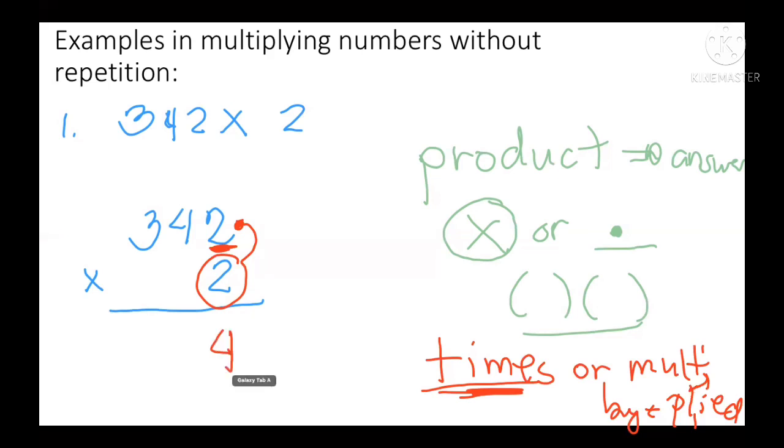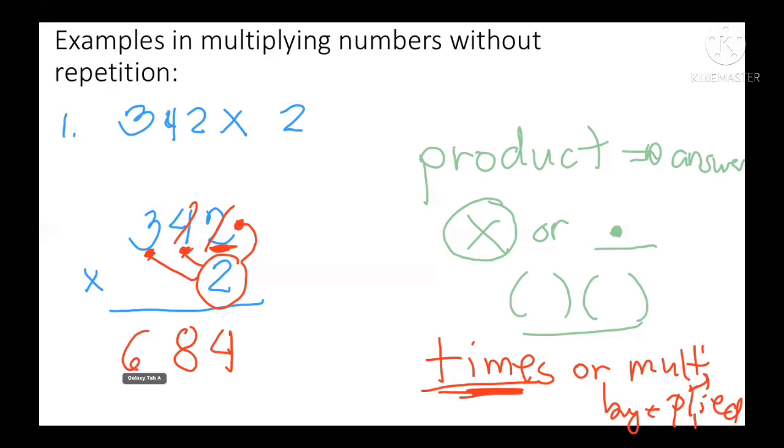So after finishing the ones place, then you need to move to the tens place. So what is 2 times 4? 2 times 4 is 8. Correct? And then after multiplying the number on the tens place, you will now move to the hundreds place, or the last number. So what will be 2 times 3? 2 times 3 is 6.